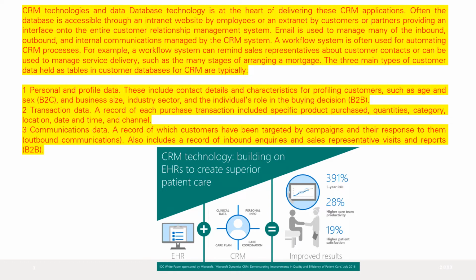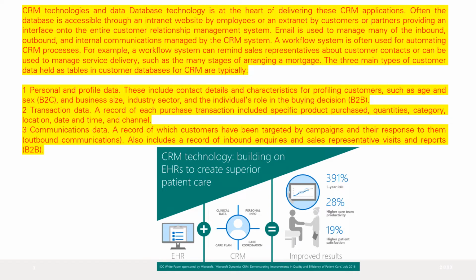The 3 main types of customer data held as tables in customer databases for CRM are typically: 1. Personal and profile data. These include contact details and characteristics for profiling customers, such as age and sex, B2C, and business size, industry sector, and the individual's role in the buying decision, B2B. 2. Transaction data.